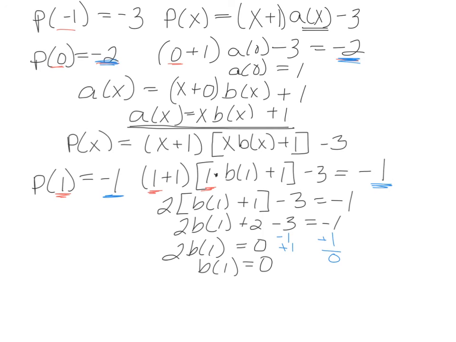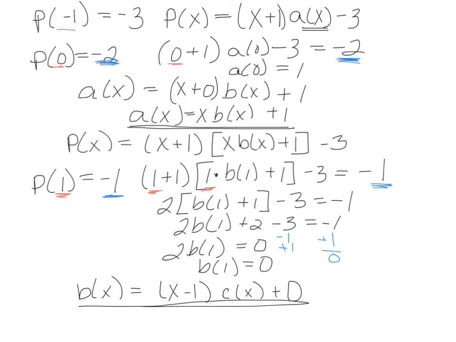Let's rewrite our equation. So we need our b of x equals x minus 1 times c of x plus 0. Okay, now I need to take this equation and replace it right there. I'm going to do that on the next page though.